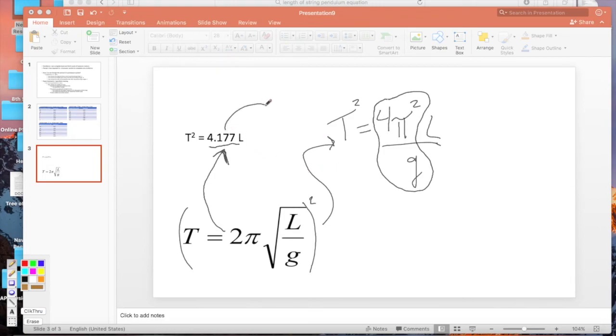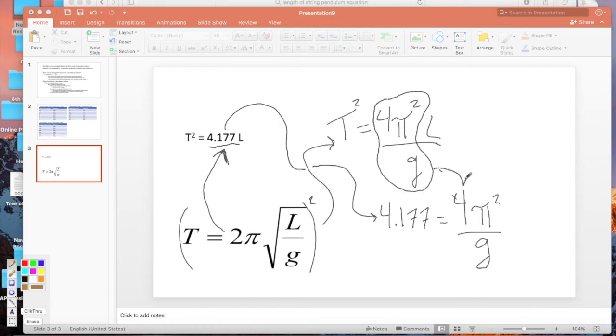Sorry about all the arrows here. And set them equal to each other. And that is going to make g, little g, my only variable. Okay, so you can see that I've set these equal to each other, this constant and this constant right here.